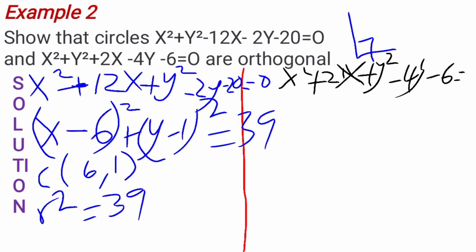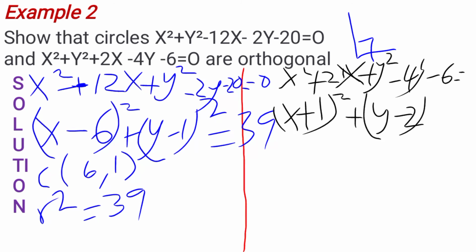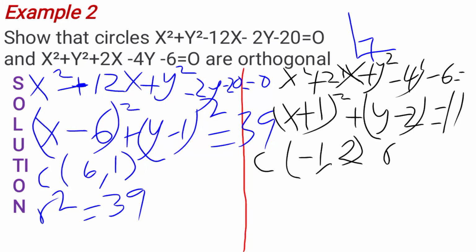Through completing the square, we get x plus 1 squared plus y minus 2 squared is equal to 11. We get the center to be -1, 2, and the radius squared is 11.